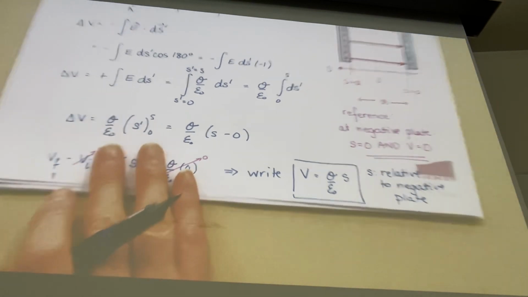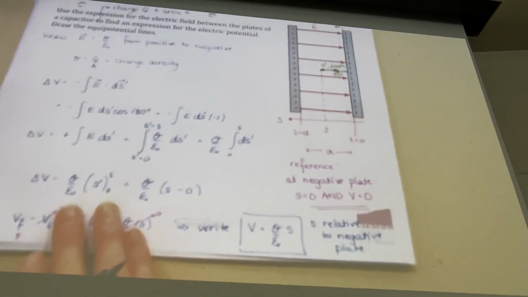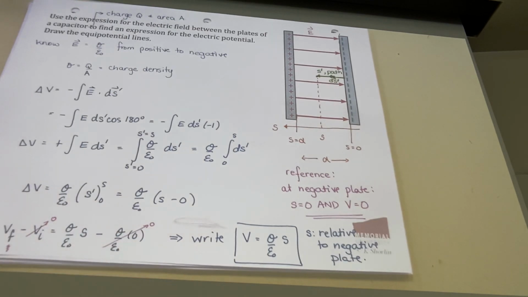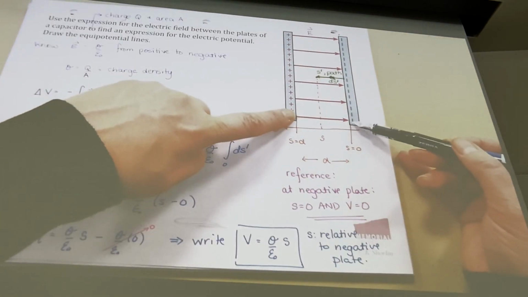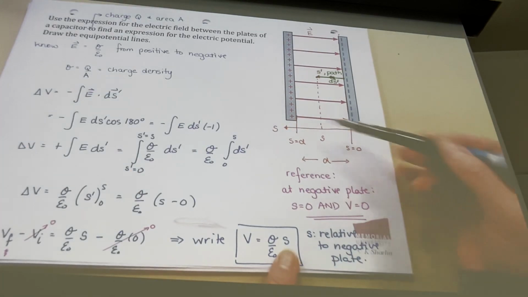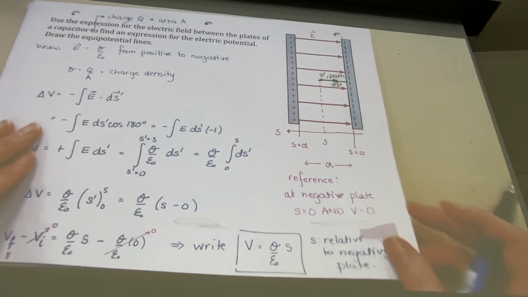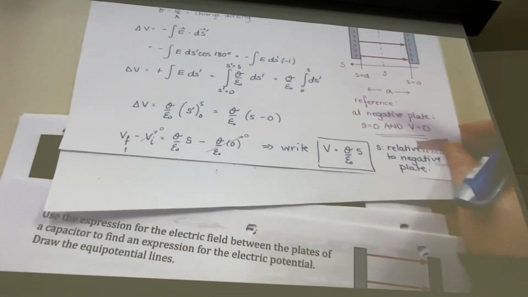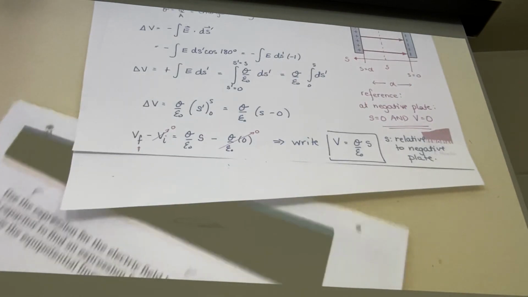Okay, the last thing that we might put in that's interesting before we start to draw those equipotential lines would be what's the total potential between the two plates, and the total potential is what you would get if your s was equal to d. So for some reason I made two of these slides. I'll just write that result on the next slide.